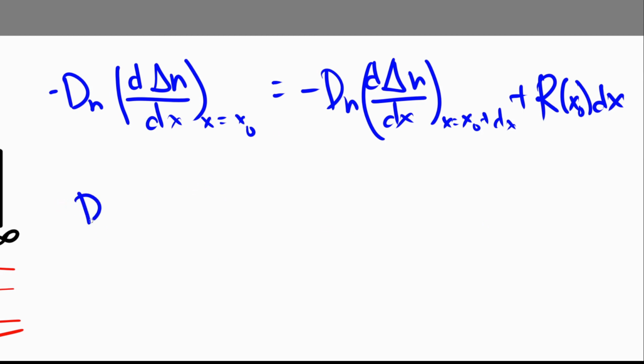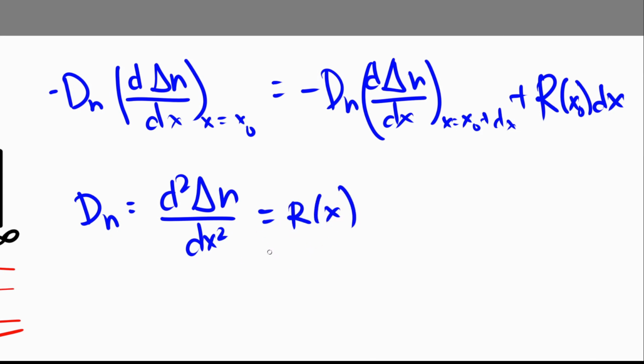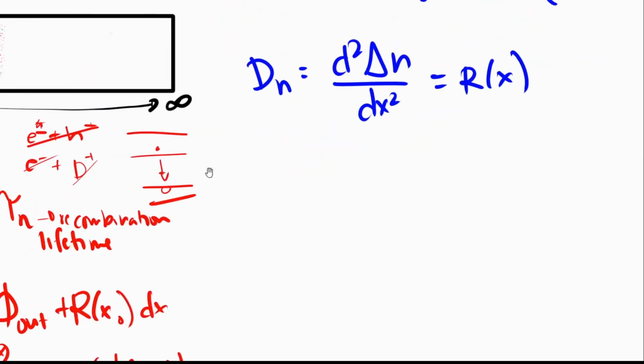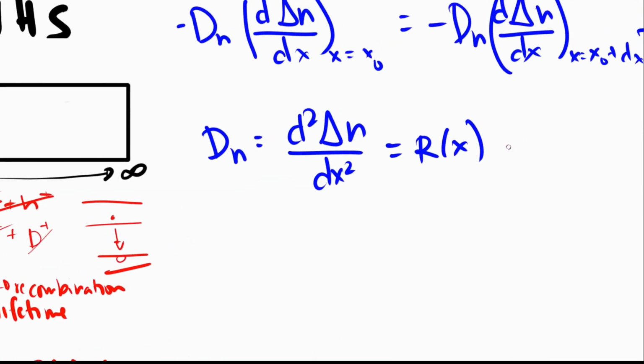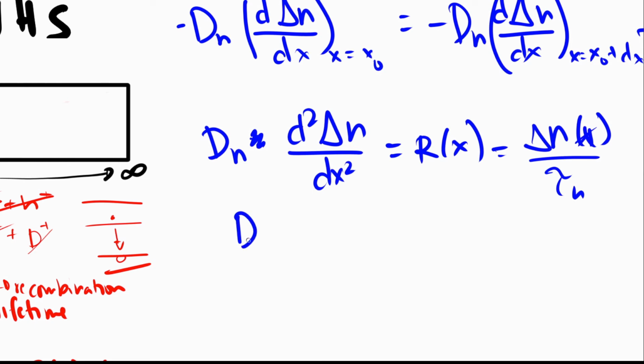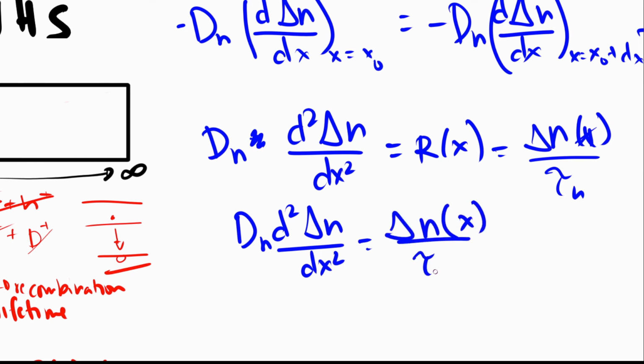We will get Dn d squared delta n over dx squared is equal to Rx, and inserting the expression for Rx, Rx equal to delta n x over tau n, we will then get Dn d squared delta n over dx squared is equal to delta n x over tau n.